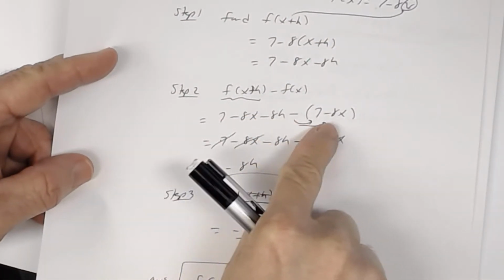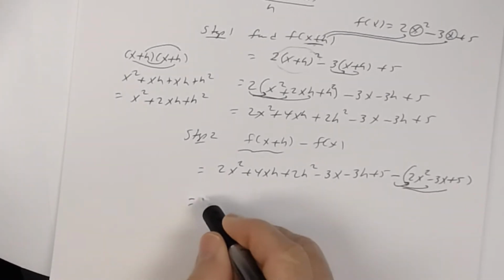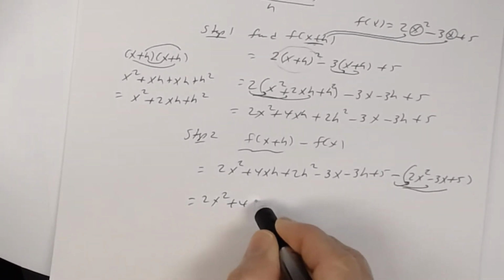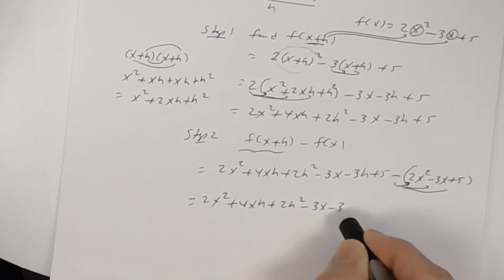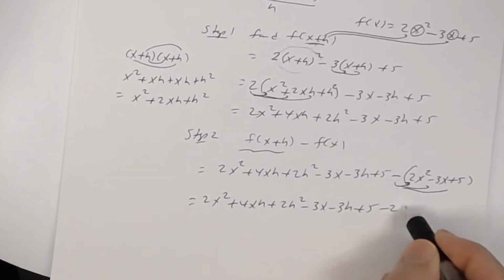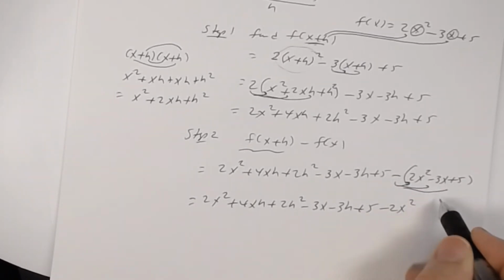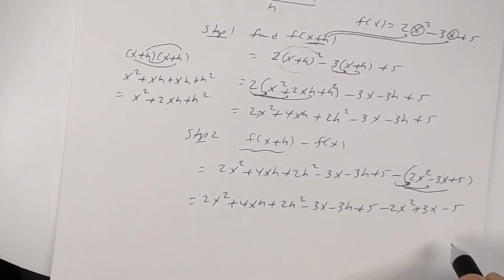Now you're going to get rid of the parentheses, so you distribute the negative through here. This becomes 2x squared plus 4xh plus 2h squared minus 3x minus 3h plus 5. And then distribute: you get minus 2x squared. The opposite of a negative 3x is a positive 3x, and the opposite of positive 5 is a negative 5.